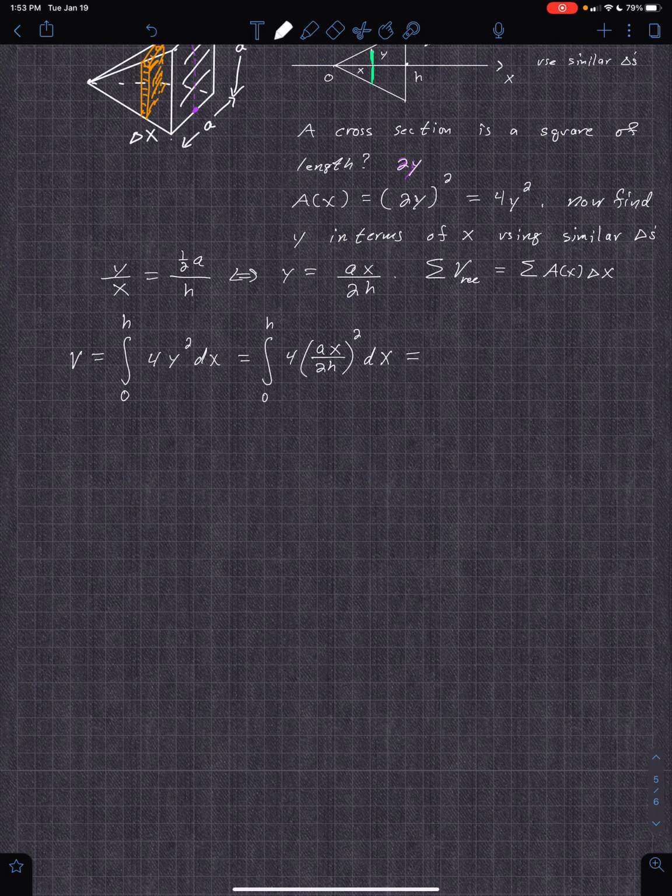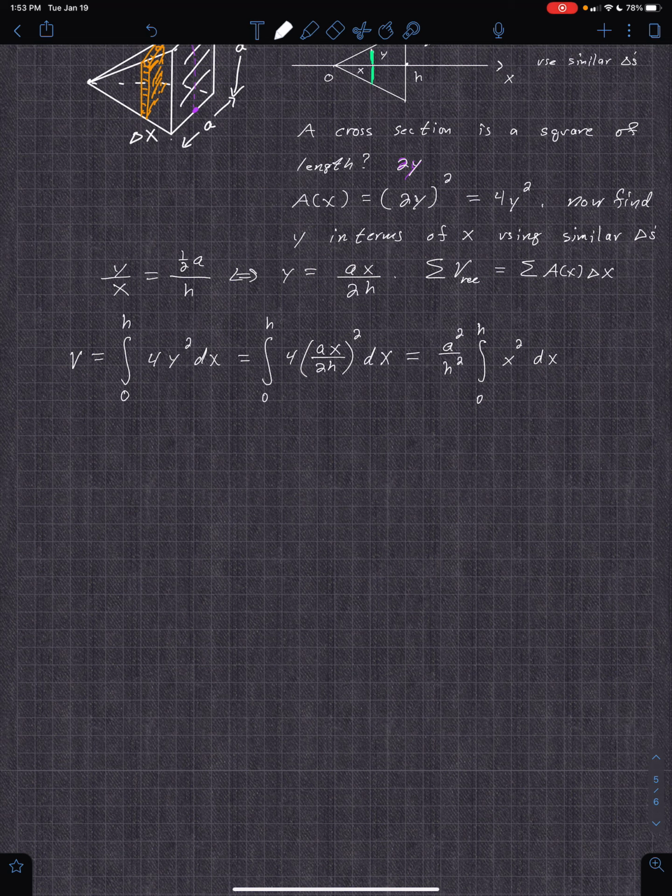And so you get a squared over h squared, which factors out. So you get a squared over h squared, integral from 0 to h, and then it's x squared dx. Well, there you go. That's basically 1/3 x cubed, and then you do h minus 0.